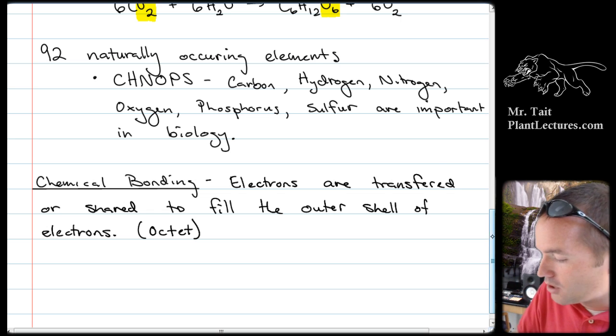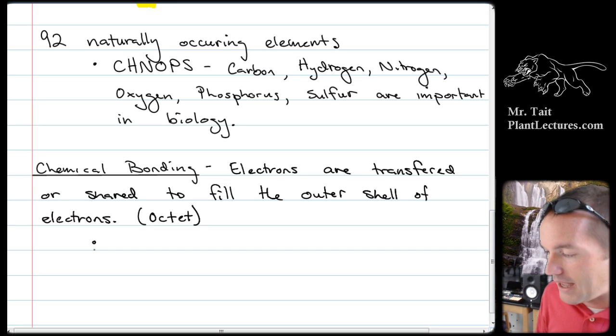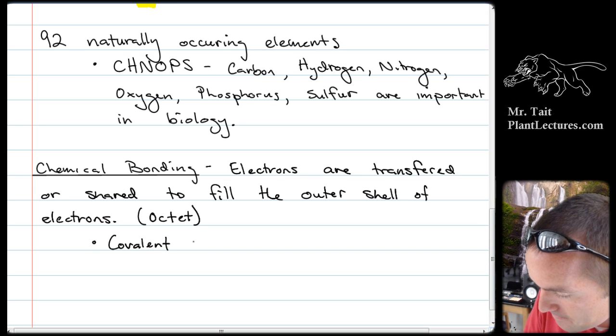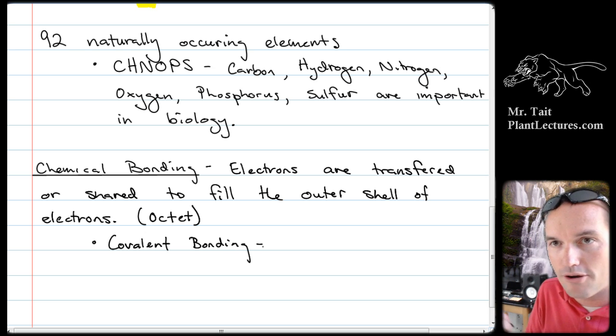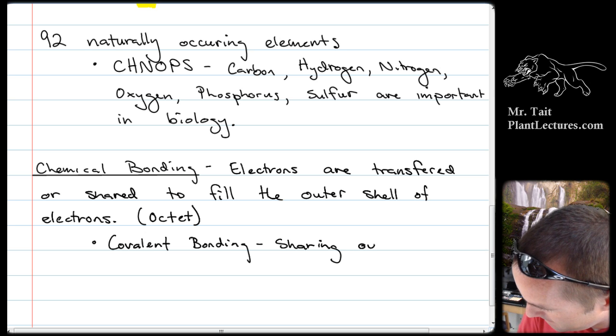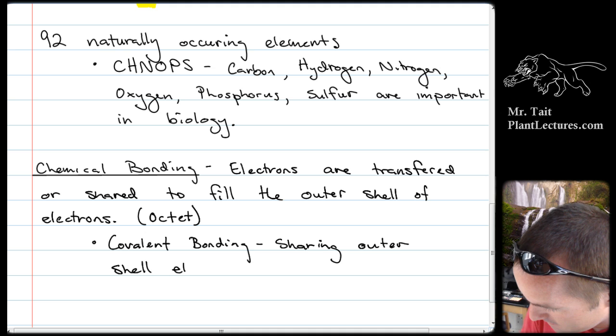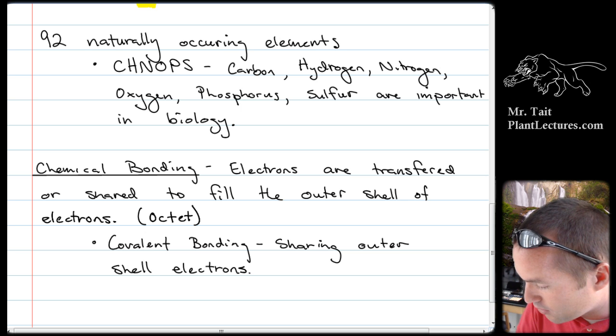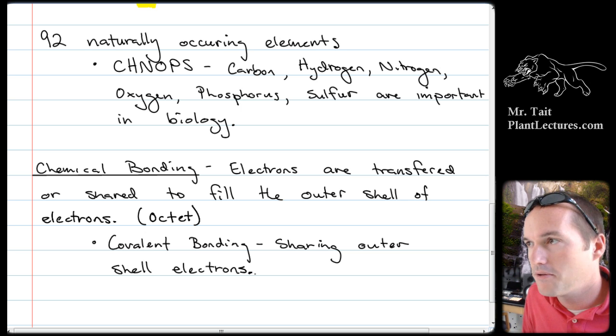Okay? So the first type of bond that we're going to look at is covalent bonding. That is sharing outer shell electrons. And that makes sense because co is the prefix that means to share, right?